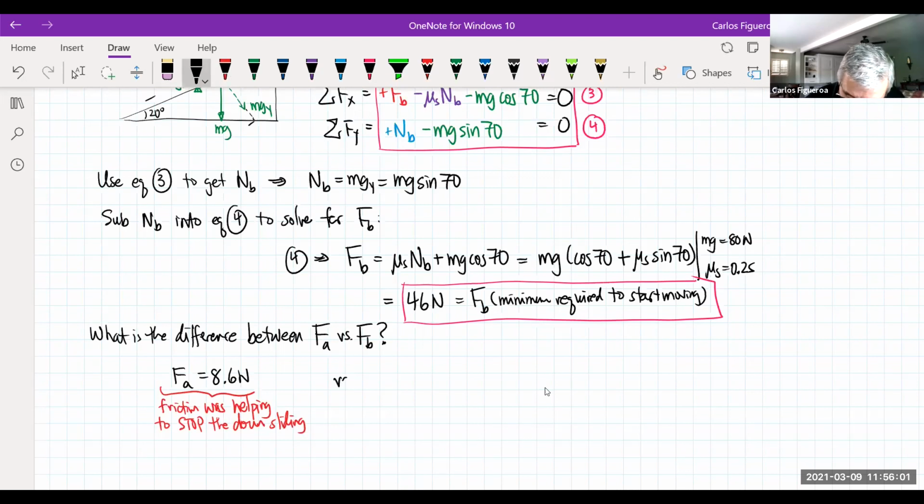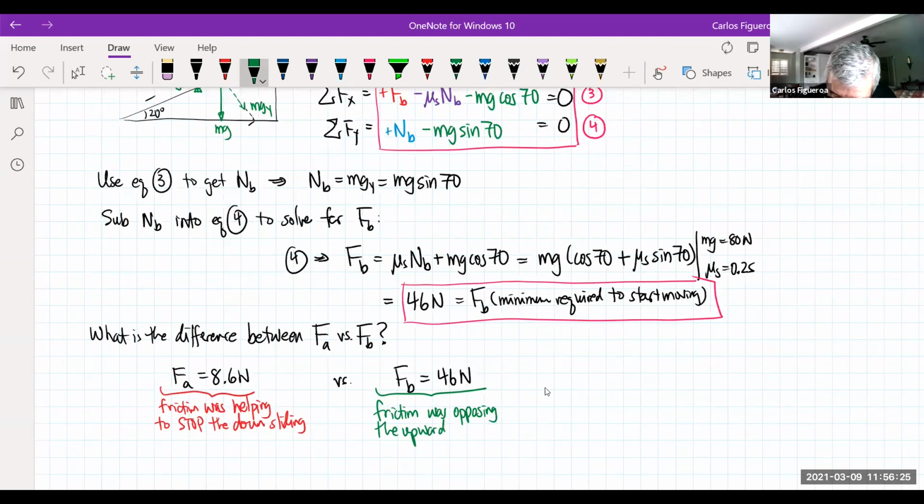On the other hand, when we looked at F of B, which is 46 newtons, what we're seeing in this scenario here is that friction was opposing the upward motion.